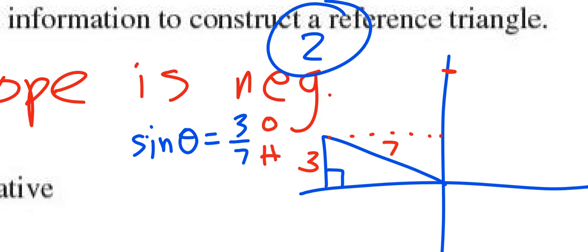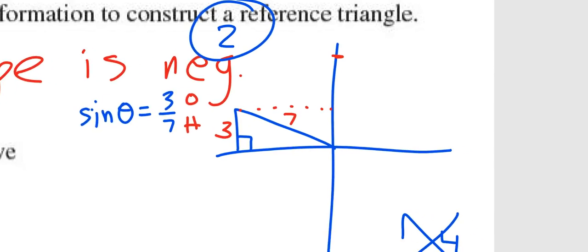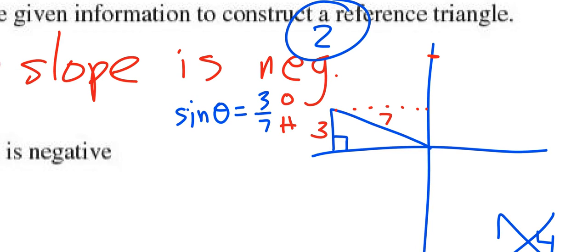Now, what about that lower edge? How do we find that lower edge of a right triangle? And they all said, Pythagorean Theorem. Yes, you are correct. So we want x squared plus 3 squared equals 7 squared. So if I subtract 9 from both sides, I get x squared equals how much?